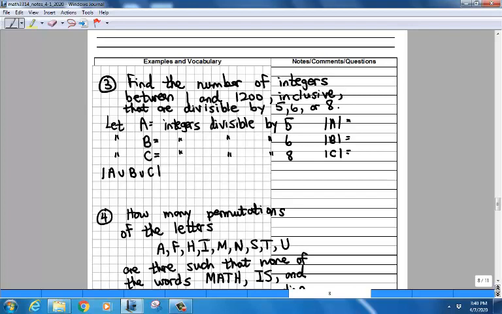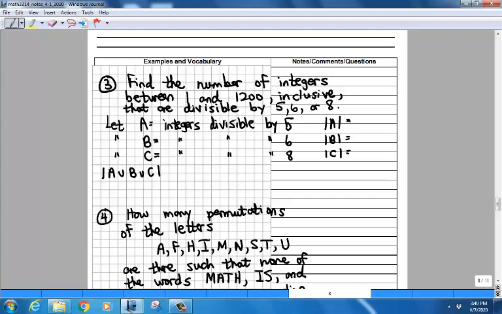So I want to know how many integers between 1 and 1200 are divisible by 5 or 6 or 8. Let's see if we can count that set. And this is a perfect example of applying the third version of inclusion-exclusion. Let me show you how.